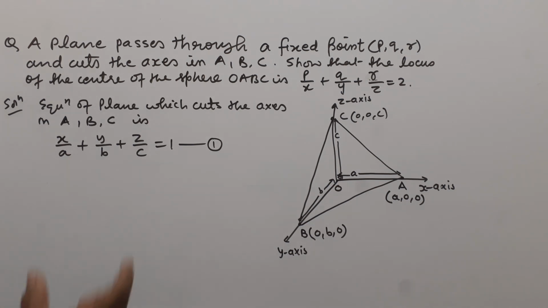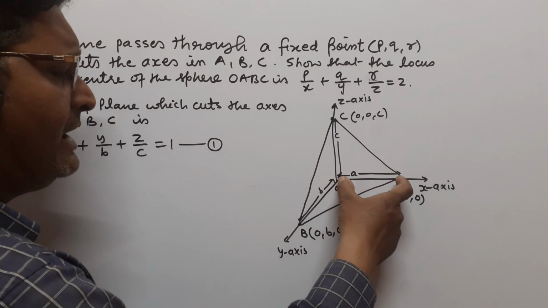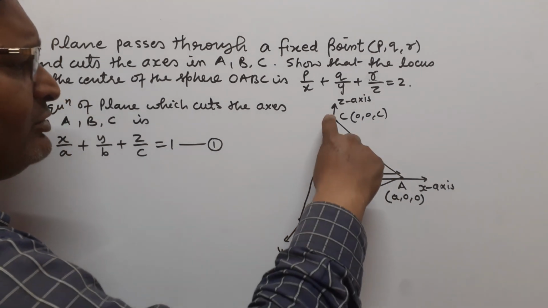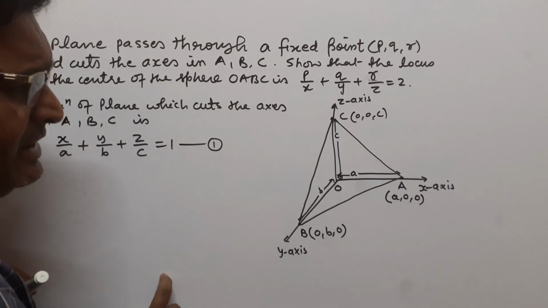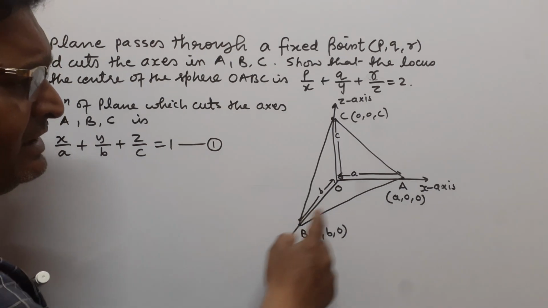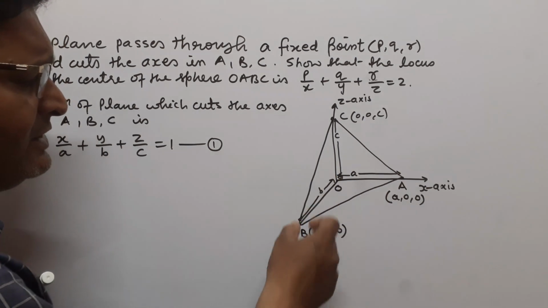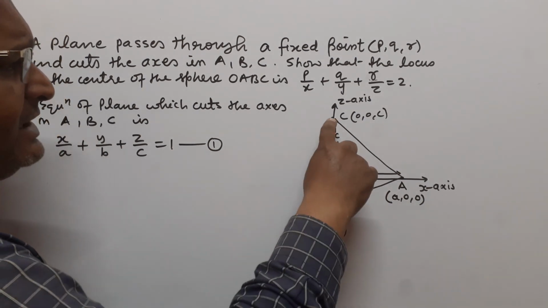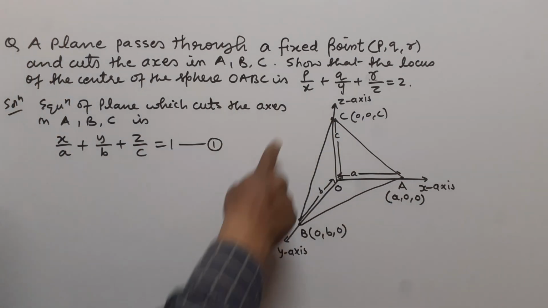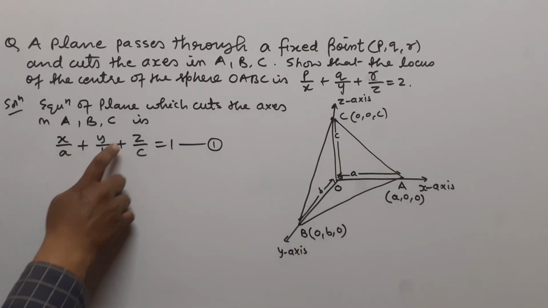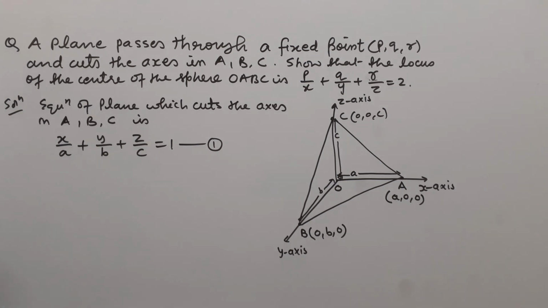This plane makes intercept small a on the x axis, small b on the y axis, small c on the z axis. That means this plane cuts the x axis at A, the y axis at B and the z axis at C. So the equation of this plane can be written as x upon a plus y upon b plus z upon c is equal to 1.